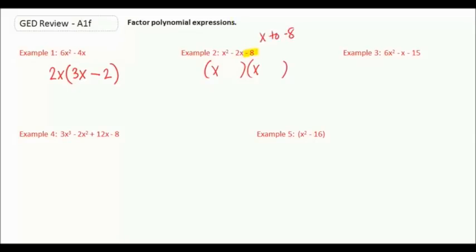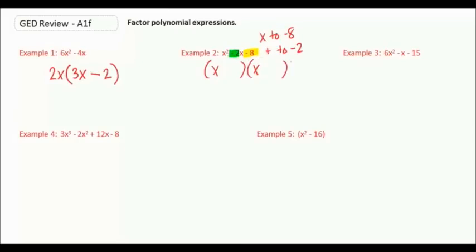but then also add to -2. Okay, so our options for -8 would be 1 and 8, but none of those will work adding to -2. And we could also have 2 and 4.